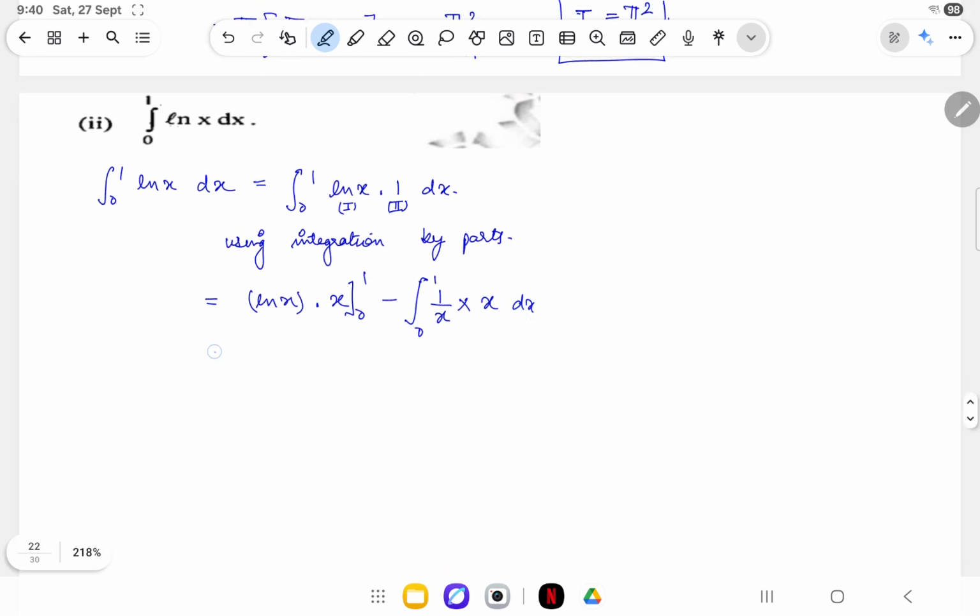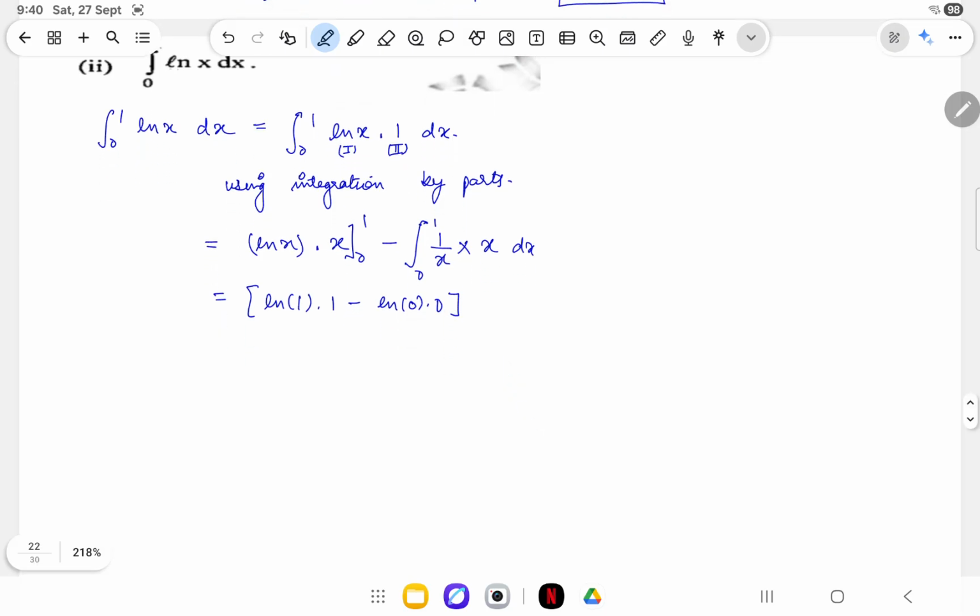So it will be equal to ln 1 into 1 minus ln 0 into 0, minus x, with limit varying from 0 to 1. ln 1 is 0, and the limit of ln x at 0 we are supposed to find because it won't be defined if we just directly put it.